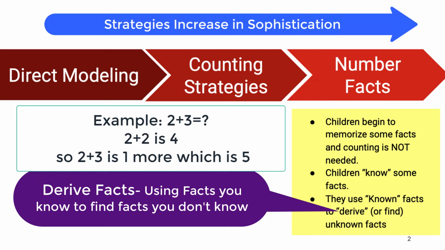So I just derived that fact from a double. I'll say that again. If I knew 2 plus 2 is 4, then 2 plus 3 would be 1 more, which is 5. Okay, so the idea is I'm taking a fact I know and I'm wiggling it around. I'm deriving it to find a fact I don't know.